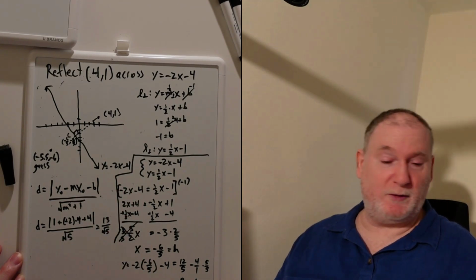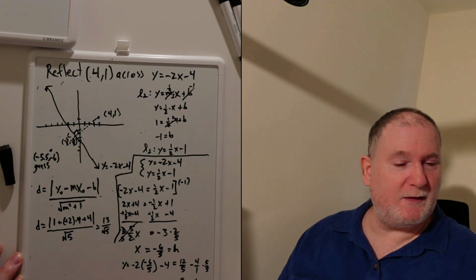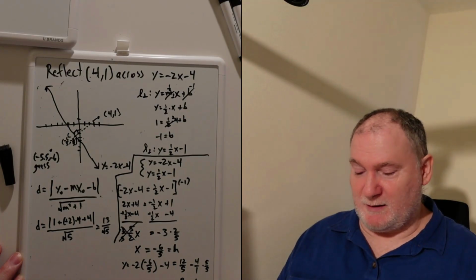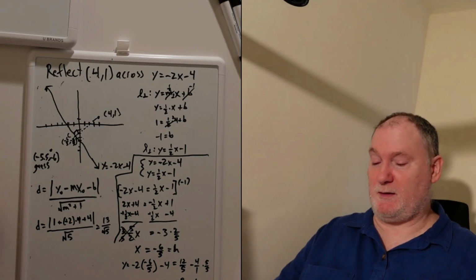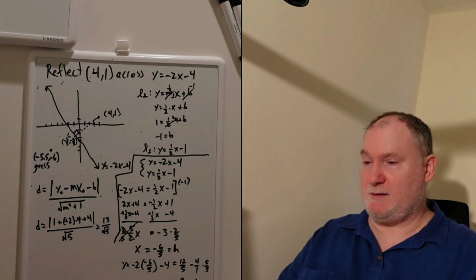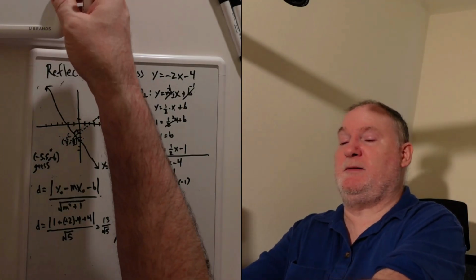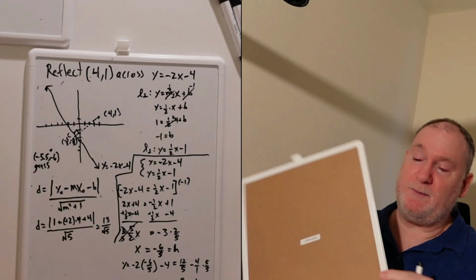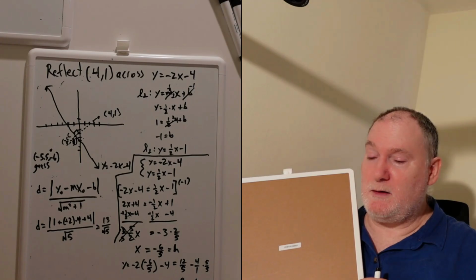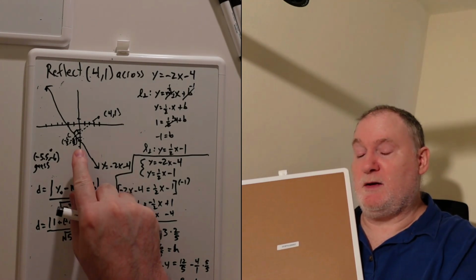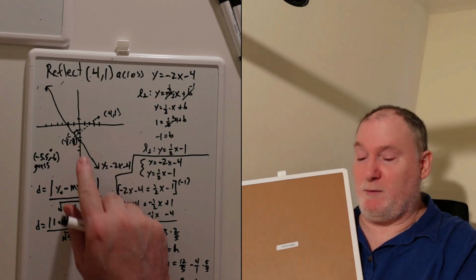I don't really have enough room here, but in the interest of clarity of the video, we will switch boards. I have 3 boards here. Okay, so we know the center of the circle and we know the radius.